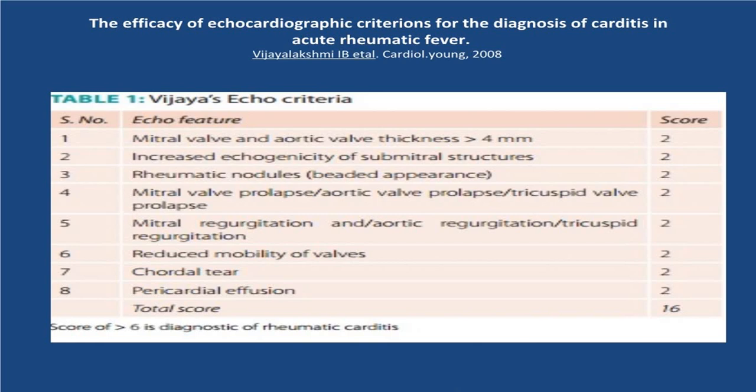There are scores given for mitral regurgitation, MR, AR, TR, reduced mobility, chordal tear, pericardial effusion, etc. If the score is more than 6, it is diagnostic in favor of rheumatic carditis. This is called the Vijaya echo criteria.